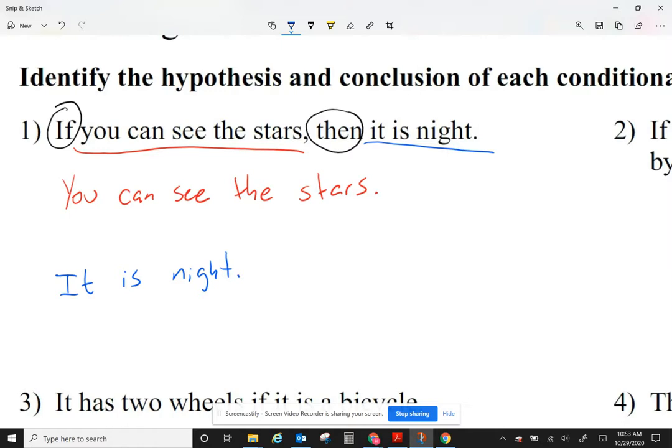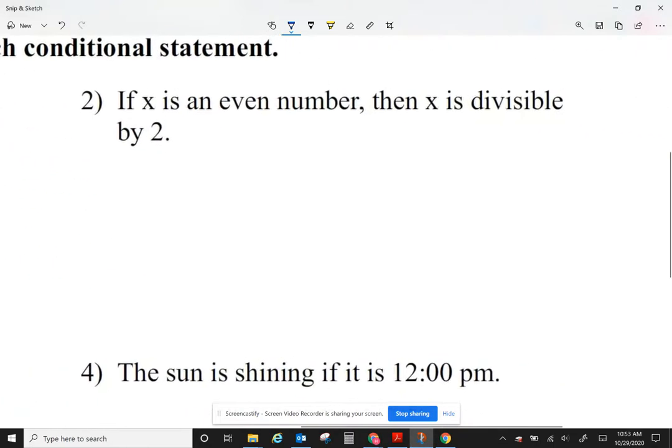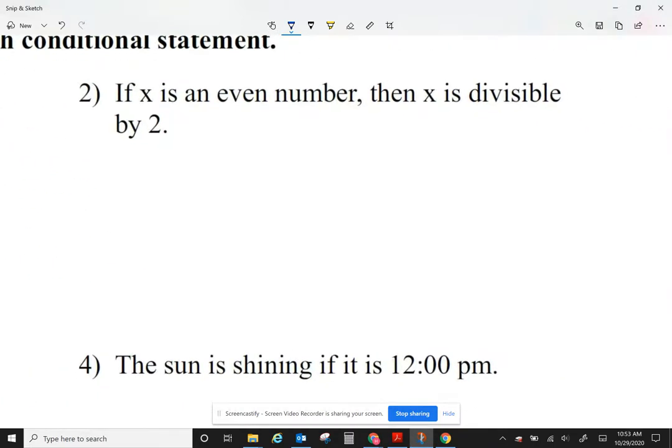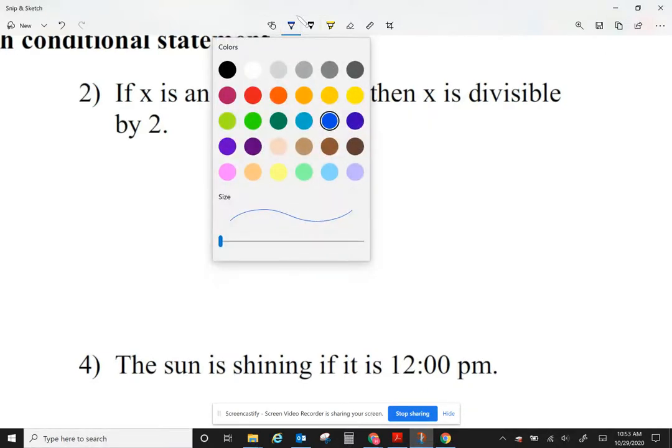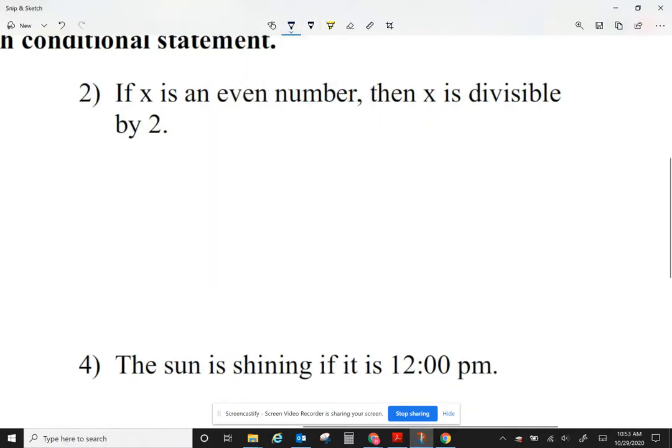So the hypothesis is the if part. The conclusion is the then part. Let's take a look at question number two. I want to see if I can find my if and my then parts. The statement says, if x is an even number, then x is divisible by 2. I can see the if part and I can see the then part.